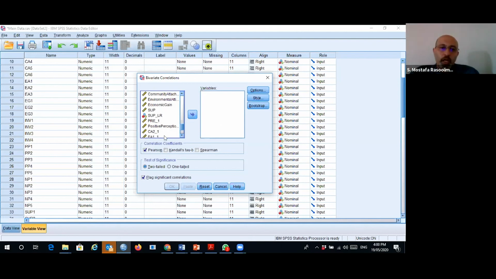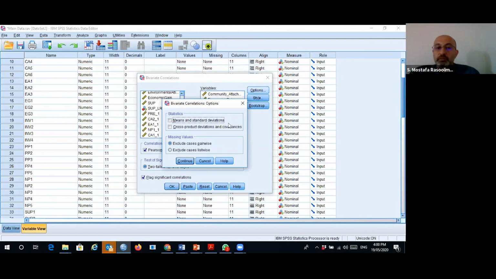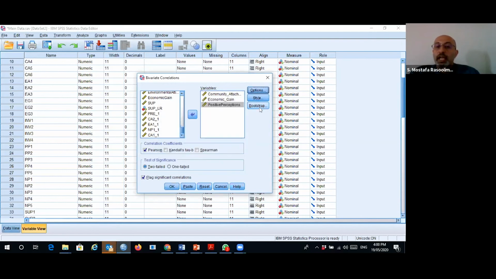So now I transfer three variables: community attachment, economic gain, and positive perception. Options, nothing to change.